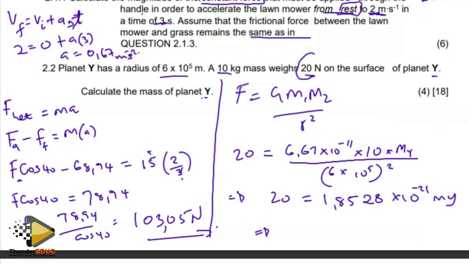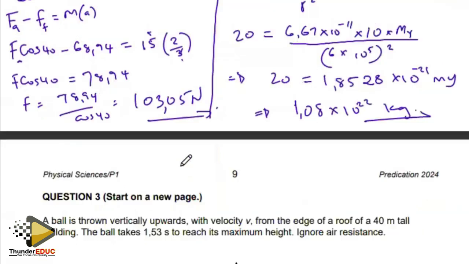So 20 divided by my answer, I'm getting 1.079, which is about 1.08 times 10 to the 22 kilograms. Okay, guys, so that is question number 2.